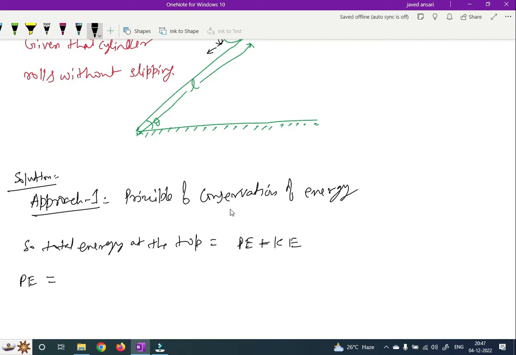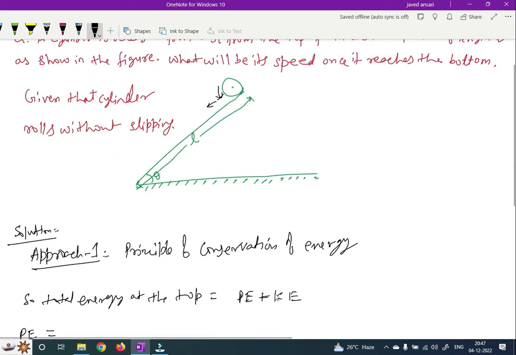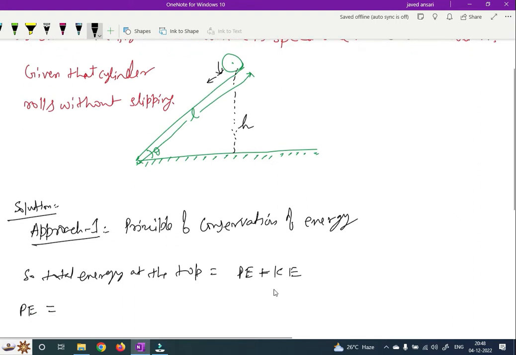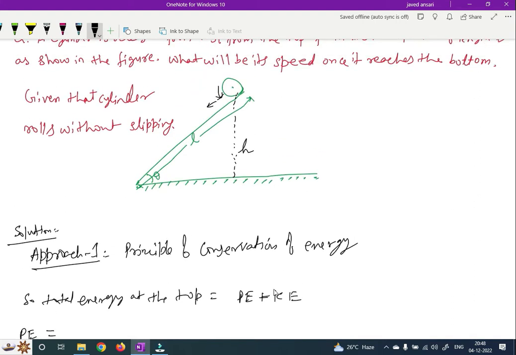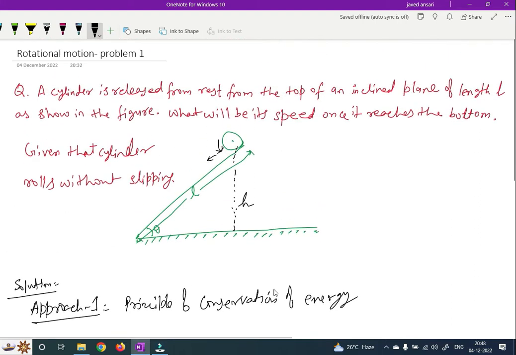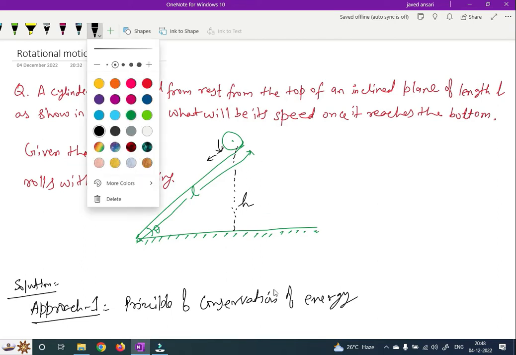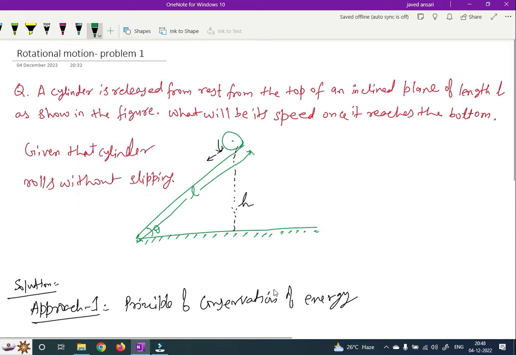It is at a height, some height from the ground. This height is h. Its potential energy will be, let's assume that its mass is m. The mass is given in the problem, so I will just take the mass as m.